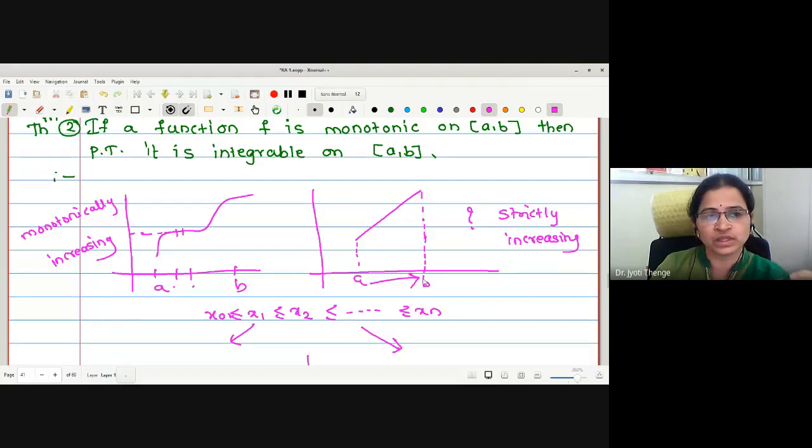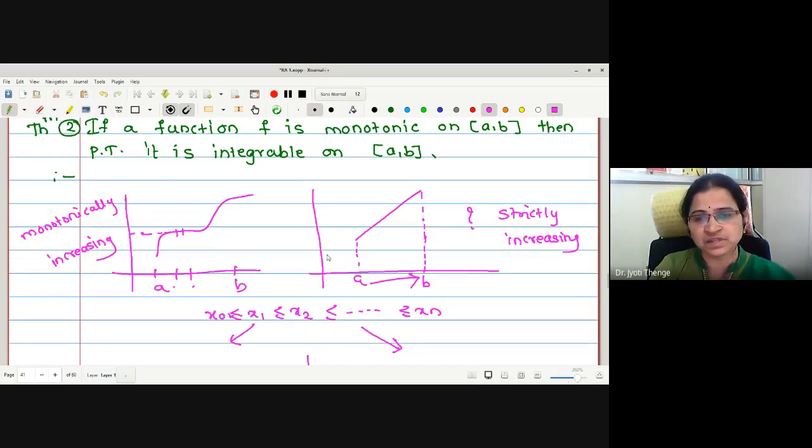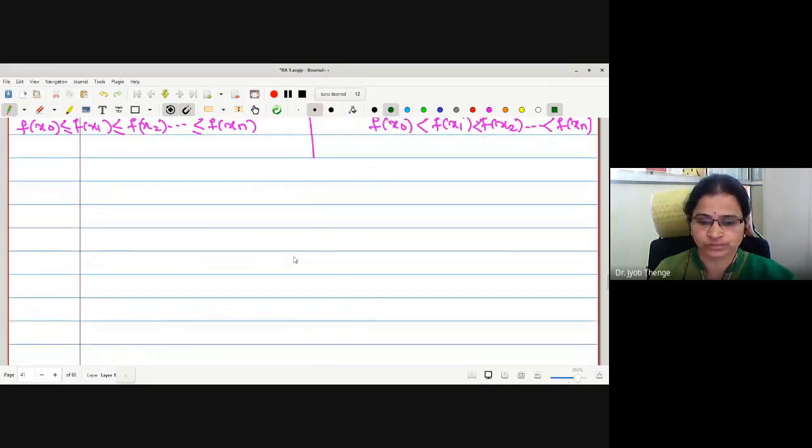Now, in order to prove the theorem, we will start with the monotonically increasing function. Once I prove it for monotonically increasing, it is equally true for a monotonically decreasing function. Therefore, let me start with a monotonically increasing function.